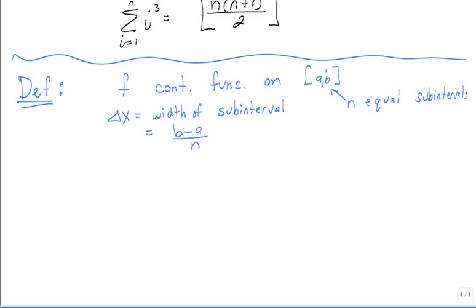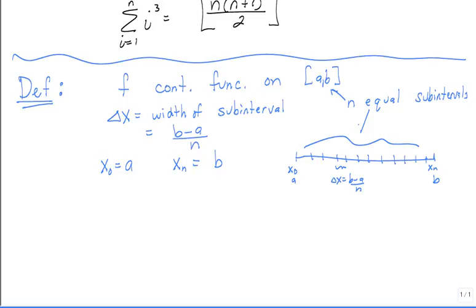That's your width. We start at a, which is x0, and go to the nth endpoint, xn, which is b. There are n equal subintervals here.